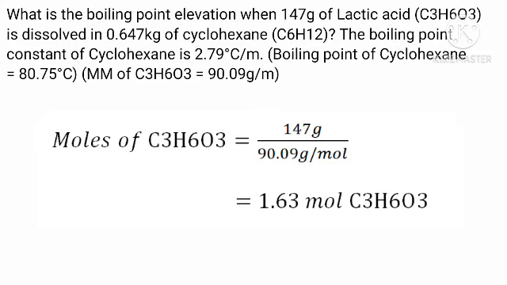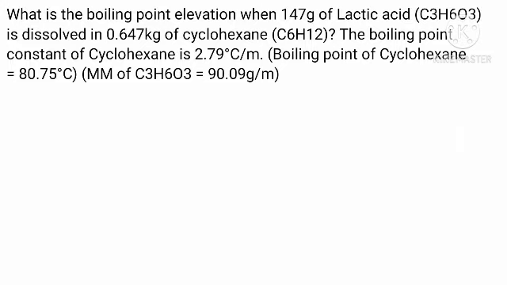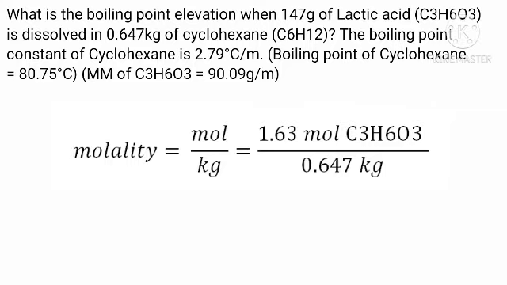The quotient is 1.63 moles of lactic acid. We can now find the molality by dividing the moles of solute by the kilograms of cyclohexane, which is 0.647 kg. The quotient is 2.52 molality. Since we found the molality, we can now find the boiling point elevation.